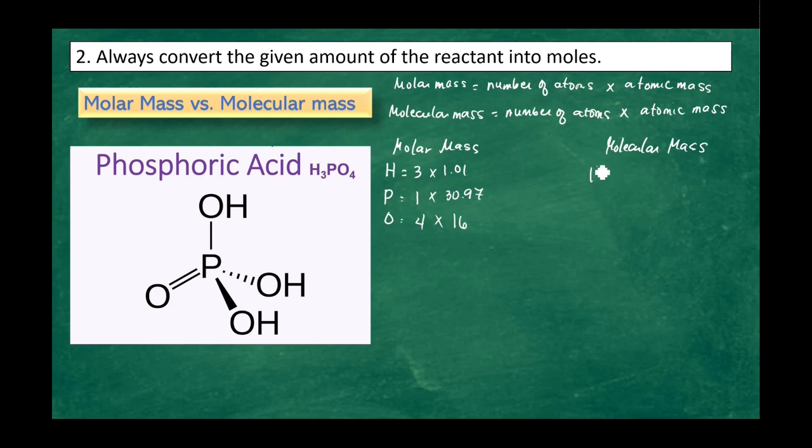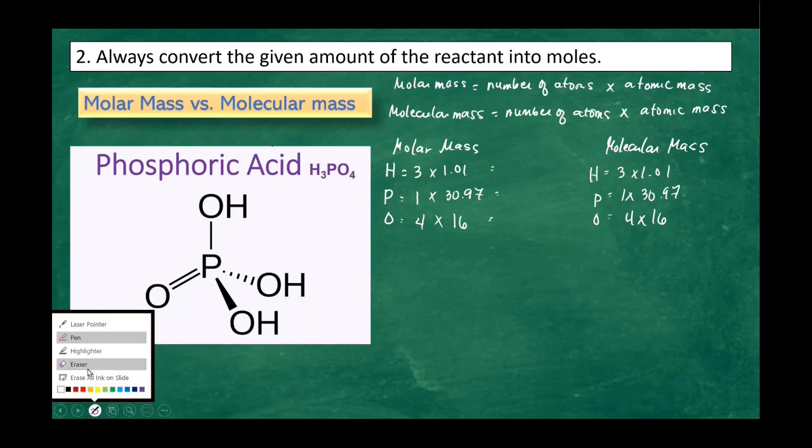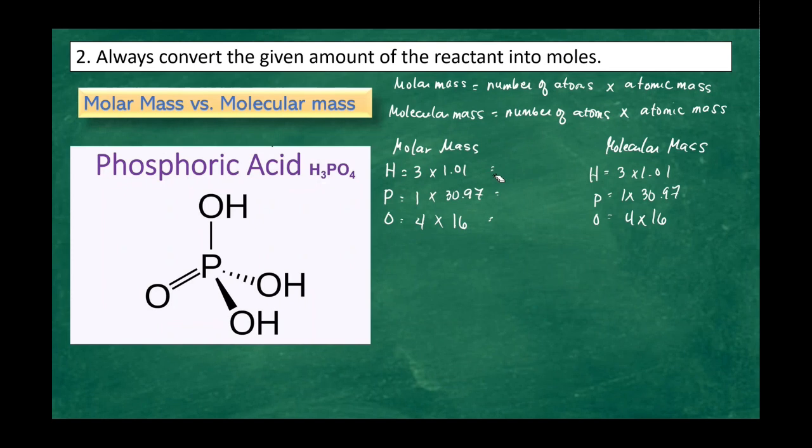Now let's go to our molecular mass. It is the same: 3 times 1.01, 1 times 30.97, and 4 times 16. The difference between these two, class, is its unit.